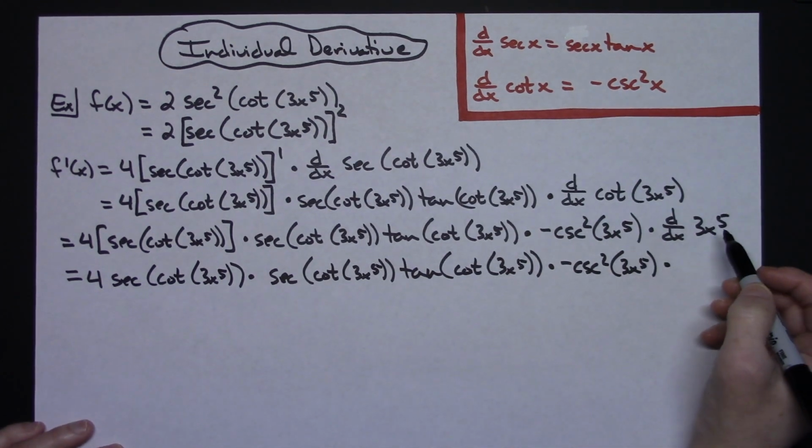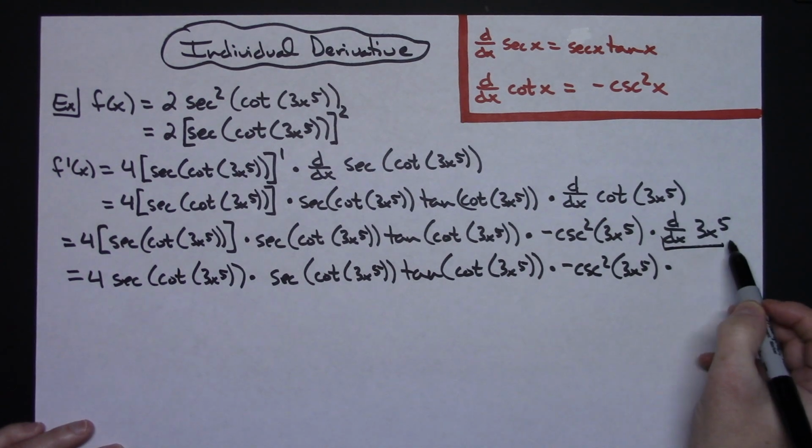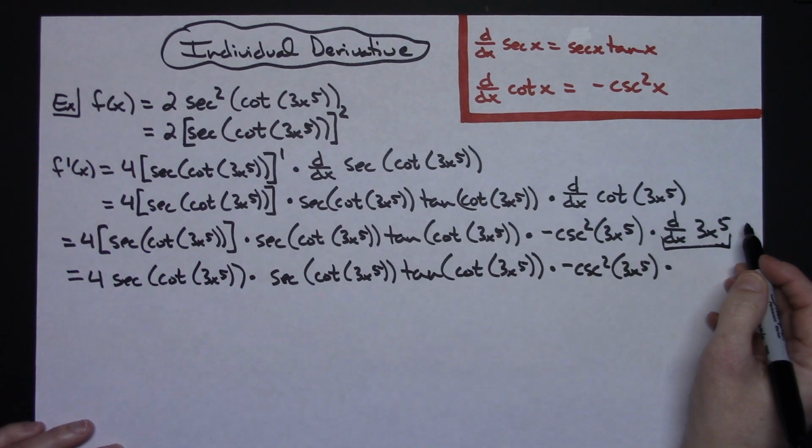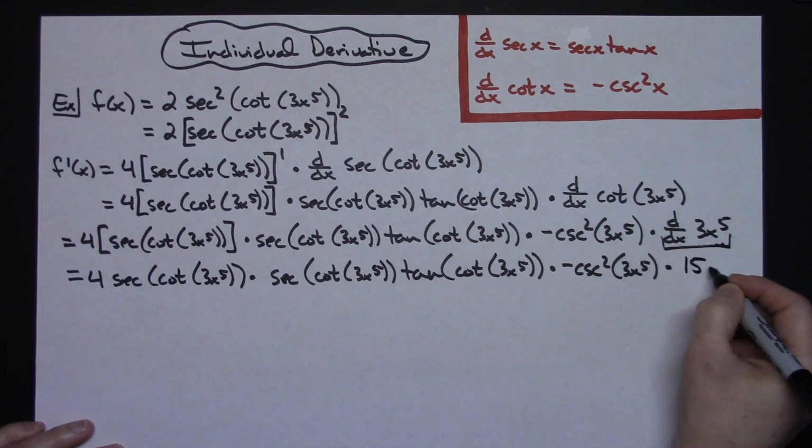Now, find the part that changes here. We're going to do the derivative of our last thing. No more chains. This is just a straight polynomial function there, so derivative there is going to be a 15x to the fourth.